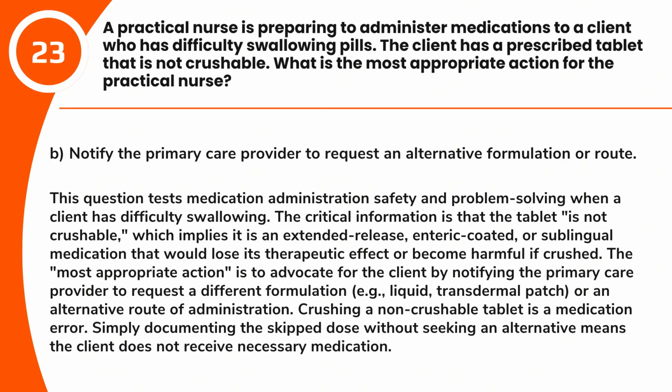The most appropriate action is to advocate for the client by notifying the primary care provider to request a different formulation, e.g., liquid, transdermal patch, or an alternative route of administration. Crushing a non-crushable tablet is a medication error. Simply documenting the skipped dose without seeking an alternative means the client does not receive necessary medication.